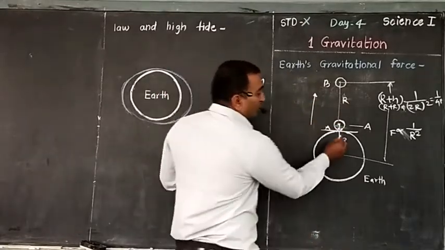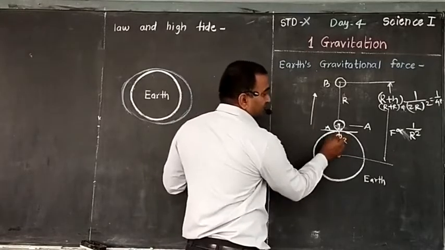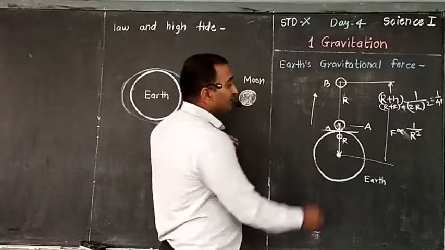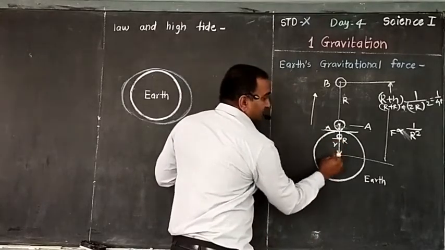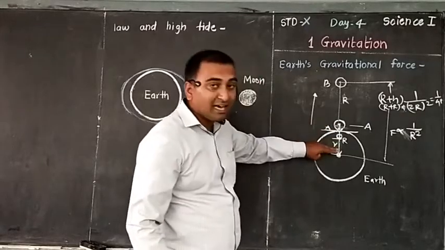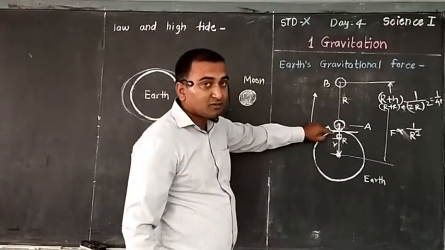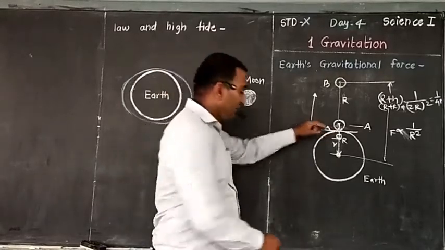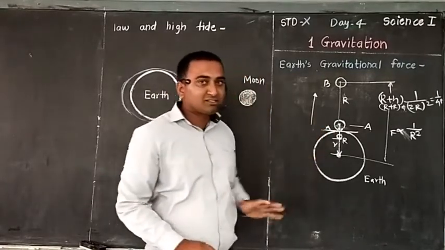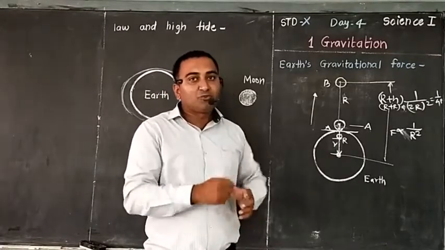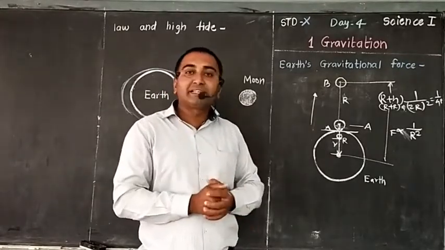Now see, we are reducing the distance here. That means we are digging a pit in the ground and sitting there. Then this distance is R. As the distance decreases, does the force increase or not? According to this discussion, if you go below the surface of the earth, the gravitational force should increase.